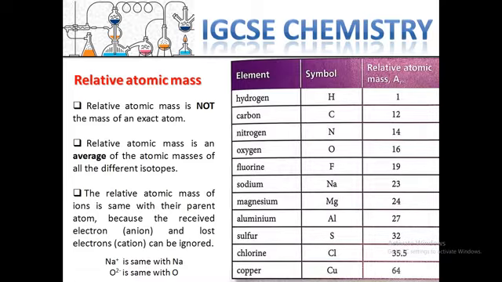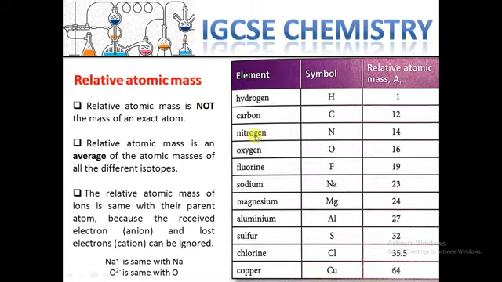There are some notes for relative atomic mass. First, you can see the relative atomic mass for many important elements like hydrogen and carbon. Carbon is 12, which means one carbon is 12 times heavier than hydrogen.